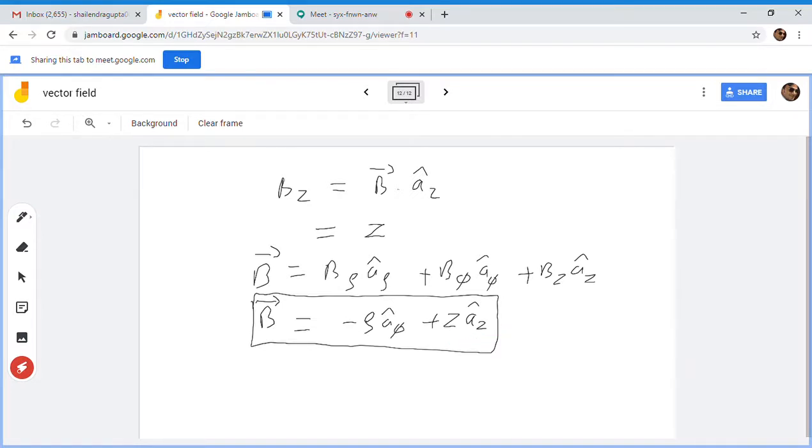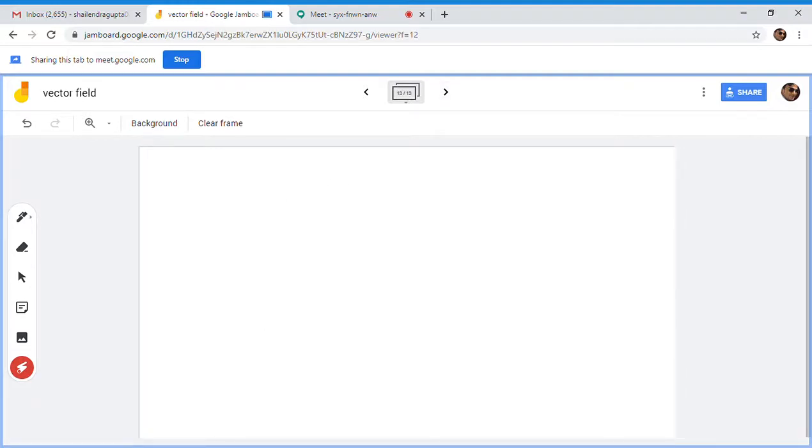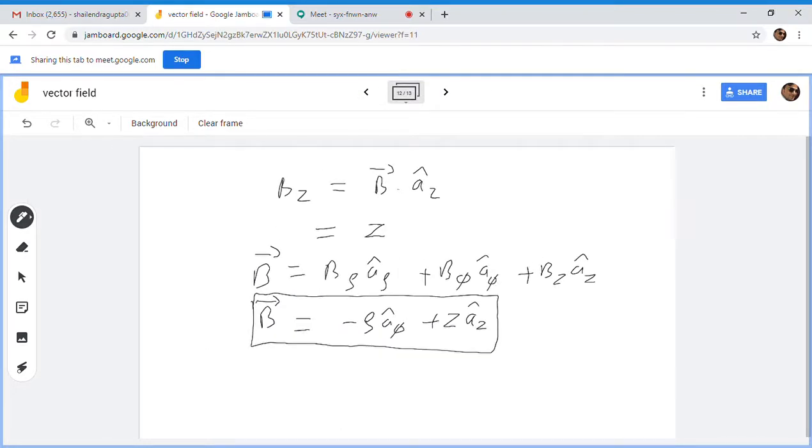So we can draw this. We can easily draw this. Just see how. This is much easier than what we have in the xyz coordinate system. Let us take our reference xyz. The first component says the magnitude is in the negative direction, and the magnitude depends upon rho, the radial component. The lower the radius, the lower the magnitude of the vector.